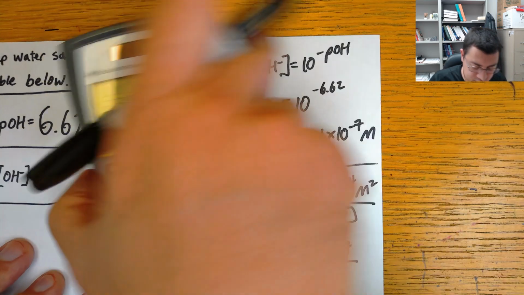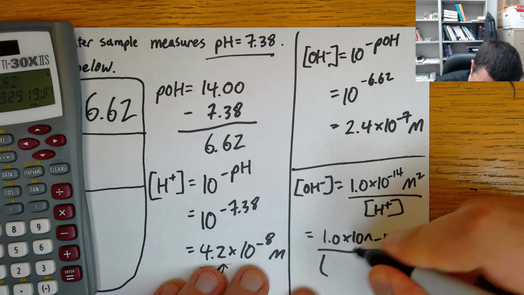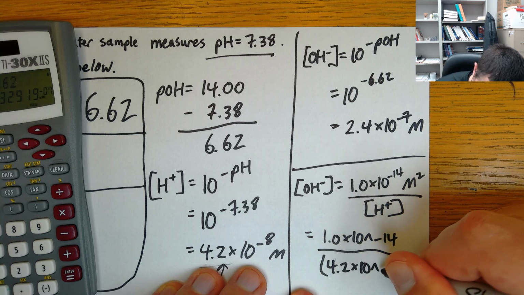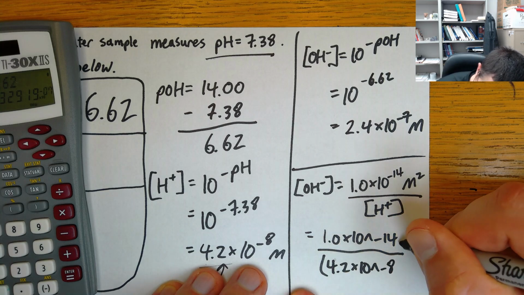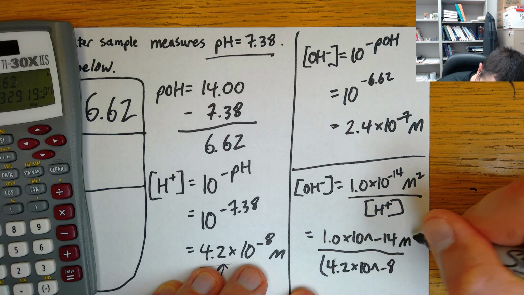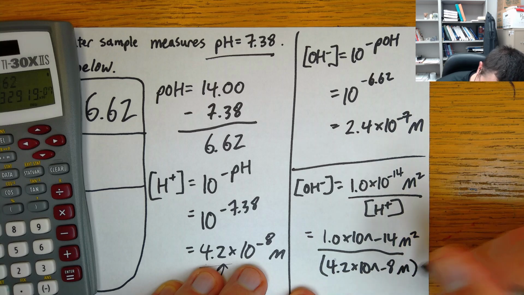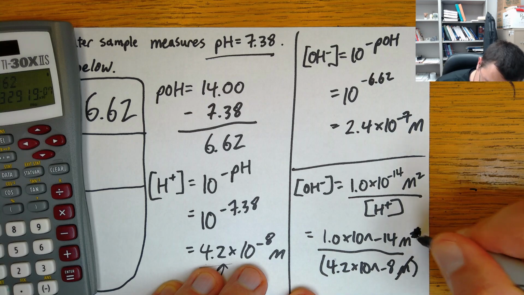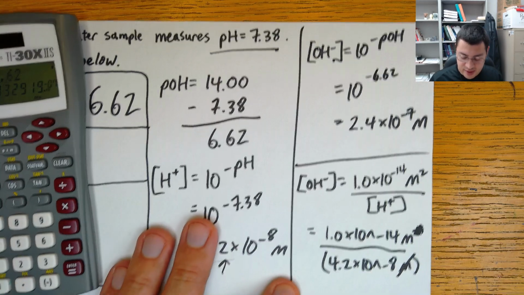What was my H plus constant? Oh yeah, 4.2 times 10 to the minus 8. All right, from a unit point of view, we have molarity squared over molarity, canceling the square and the molarity into a single molarity.